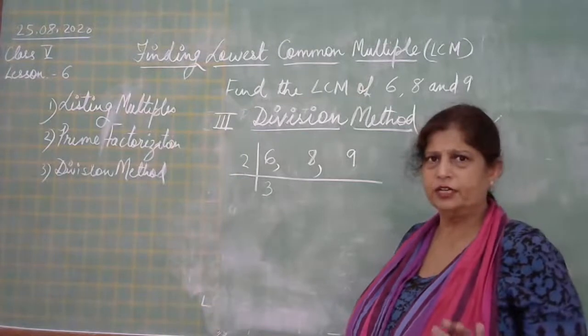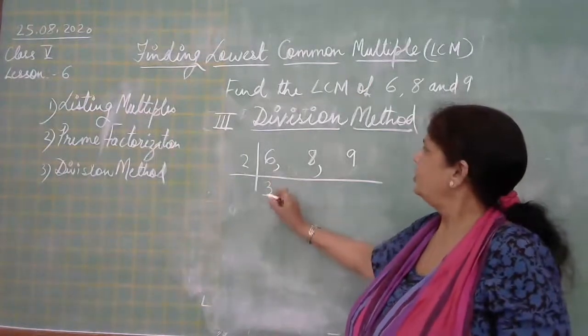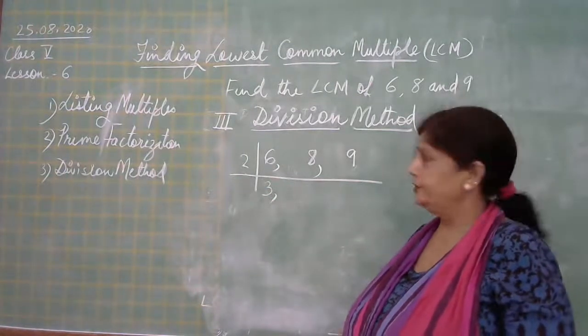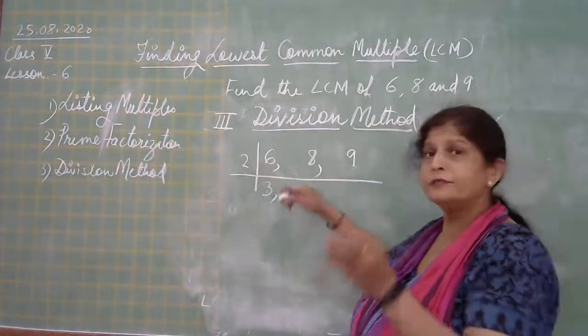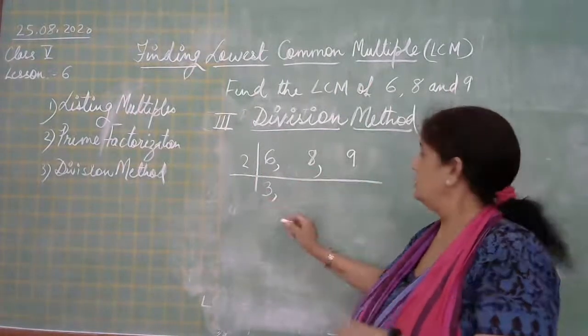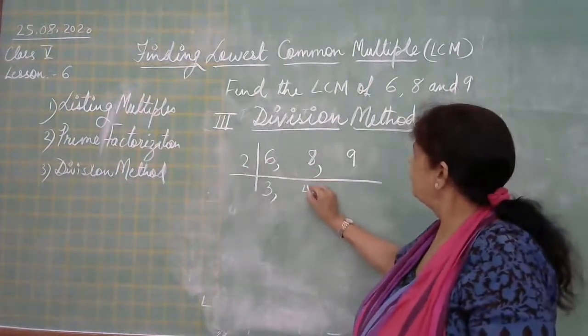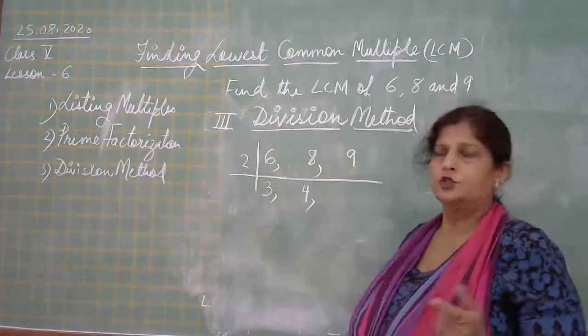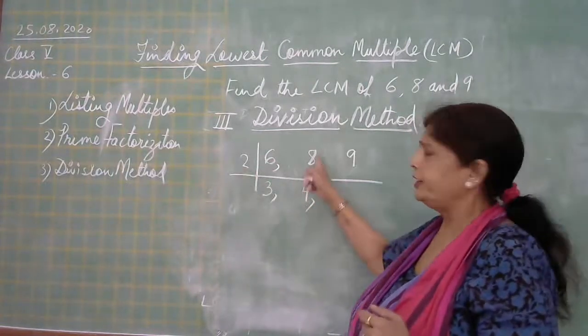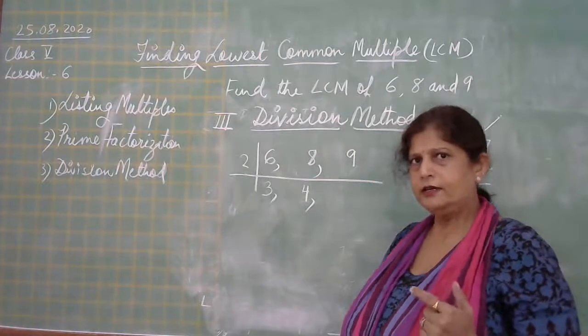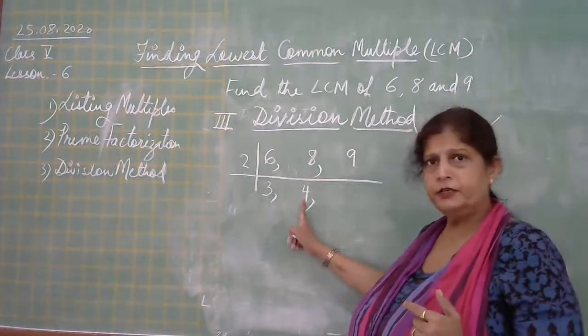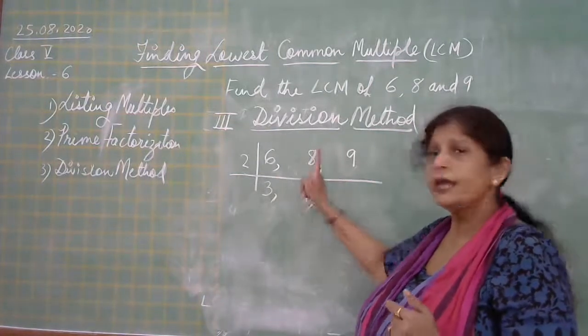Got me? I think that's clear too. So that is 3. Now 2 times 4 is 8. So I write 2 times 4 is 8. Clear? This is the quotient which will be written right below 8.